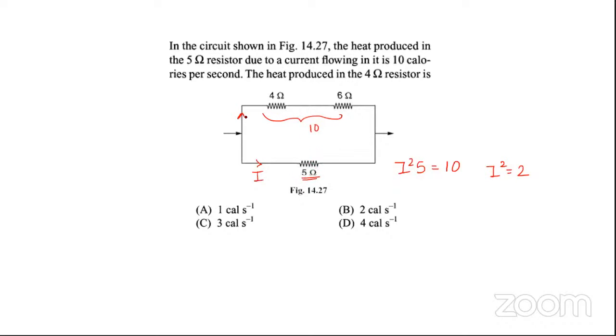So half of the current will flow in this one, because the resistance is inversely proportional to current. So I by 2 will flow in this branch. So for 4 ohms, I have I by 2 square into 4, that is I square by 4 into 4, and I have I square equals 2, so this gives me the answer as 2 calories per second. So B will be my right answer.